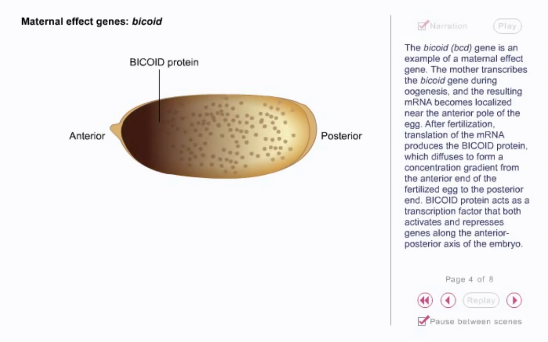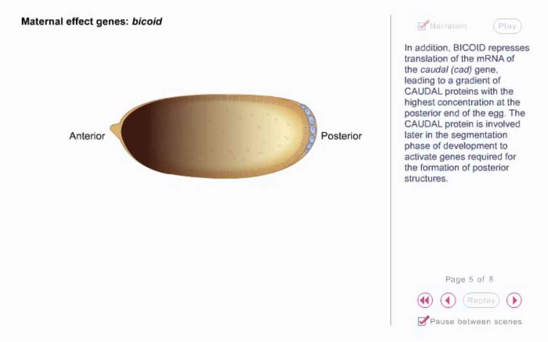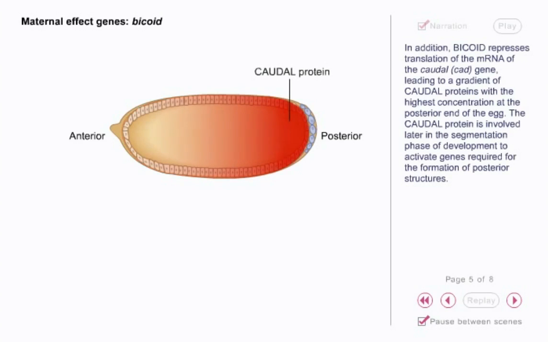Bicoid protein acts as a transcription factor that both activates and represses genes along the anterior-posterior axis of the embryo. In addition, bicoid represses translation of the mRNA of the caudal (CAD) gene, leading to a gradient of caudal proteins with the highest concentration at the posterior end of the egg.